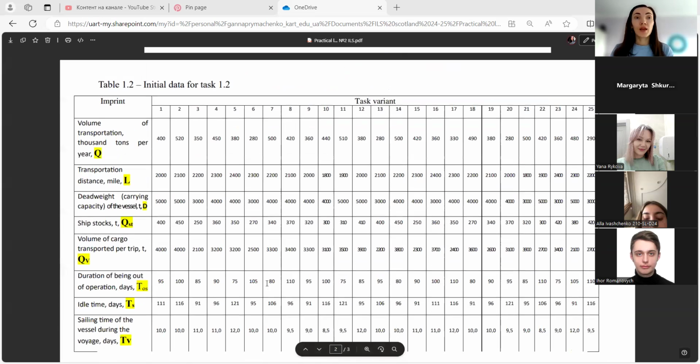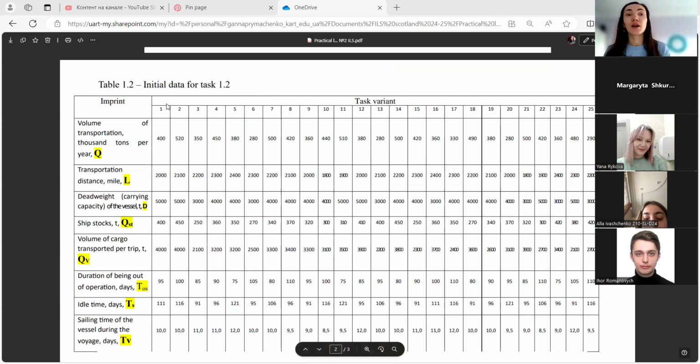Open the table. And it is the first parameter in our table, volume of transportation, but be careful because this parameter here was given in 1,000 tons per year. We need to use tons, so we add three zeros to our parameter.